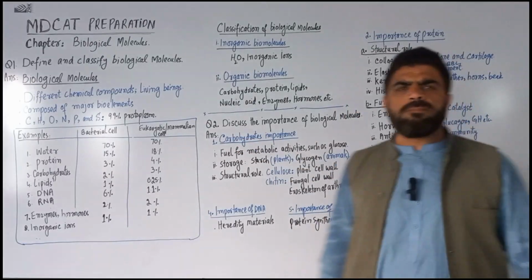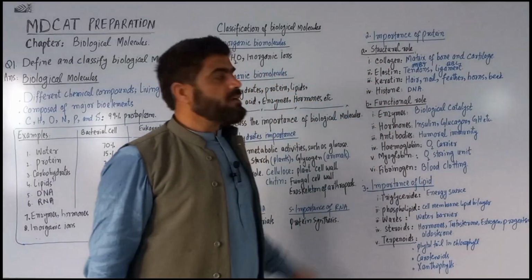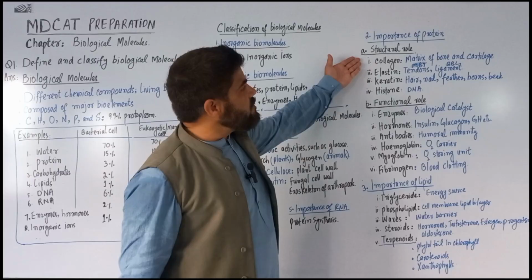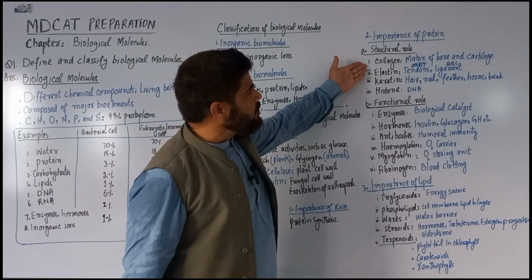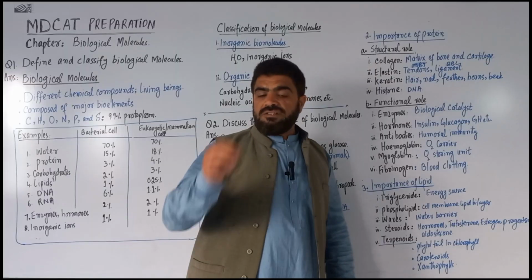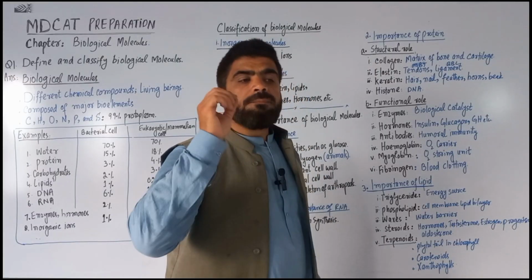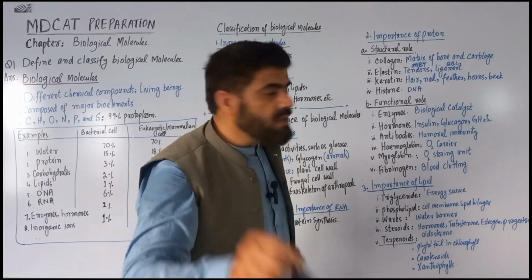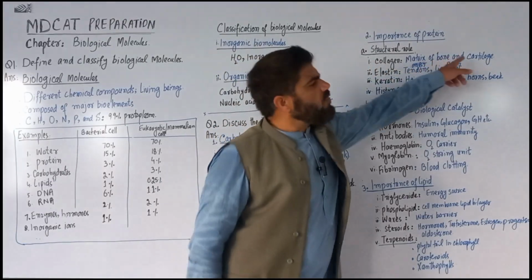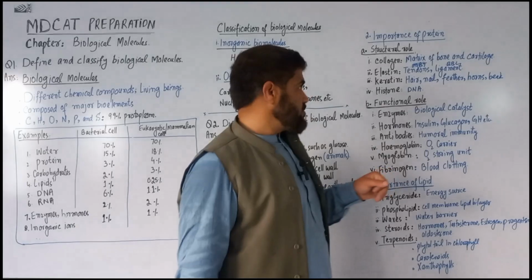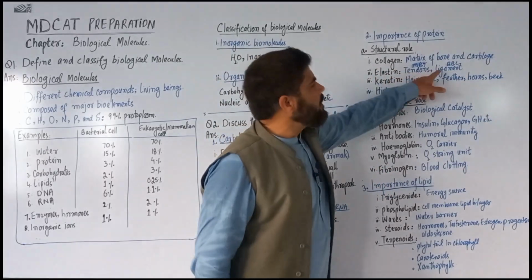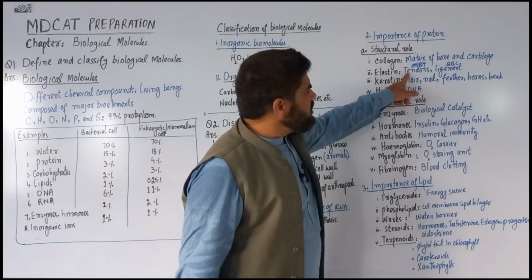Now the importance of proteins. Proteins have a structural role or a functional role. A structural example is collagen, the most abundant protein in higher vertebrates. Collagen is found in bones and cartilage. Another protein is elastin, found in tendons and ligaments.